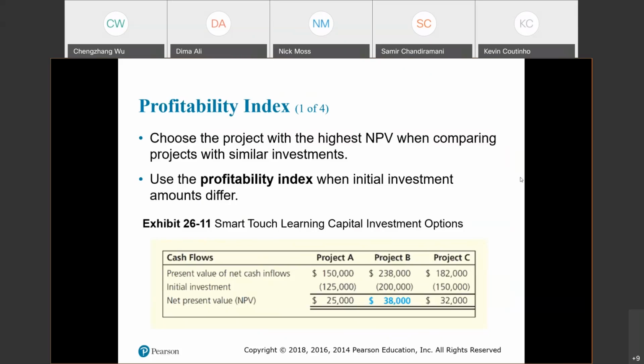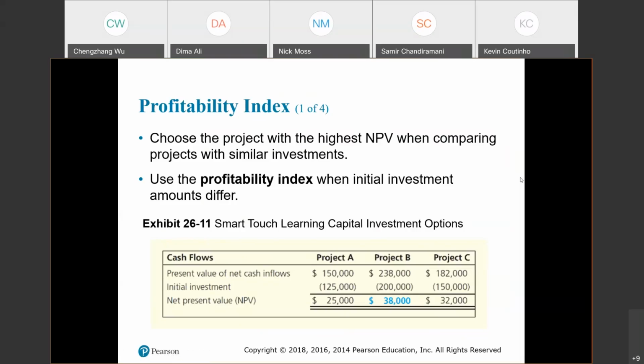So in contrast, this slide summarizes 3 capital investment options faced by the company. Each capital project requires different initial investments. All these 3 projects are attractive because each yields a positive NPV. Let's assume the company can invest in only one project at this time.